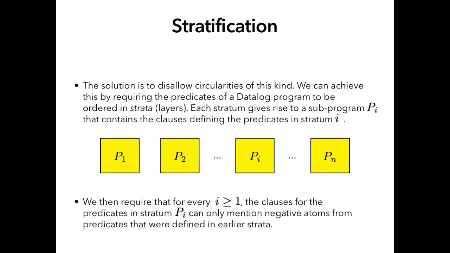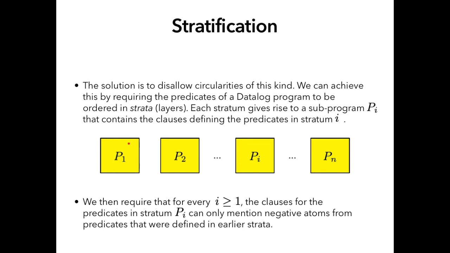What is it that we disallow? We disallow circularities. And the way to disallow circularities is by requiring the predicates of our program to be ordered in strata. Strata is Greek for layer. So each stratum gives rise to a subprogram P_i that contains the clauses defining the predicates in stratum i. That way we can order our program, or rather the clauses in our program.